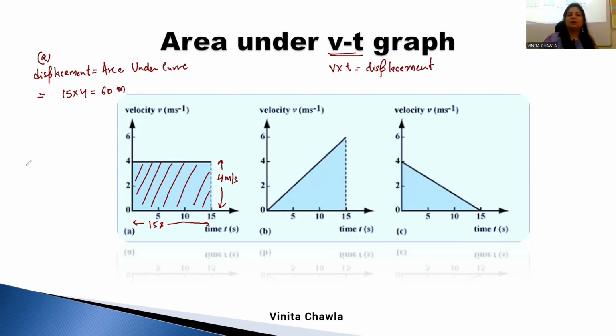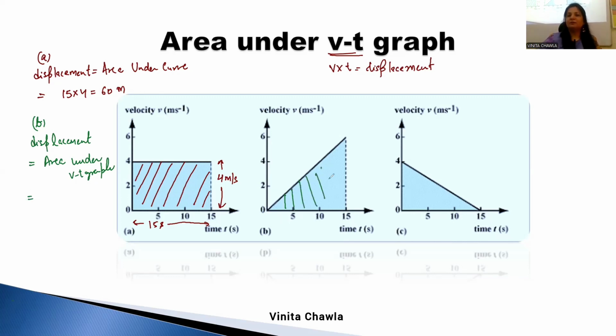In the same way, we can try the second part and third part. In the second part, again we write displacement is equal to area under the VT graph. How do we find the area? This is a right angle triangle.